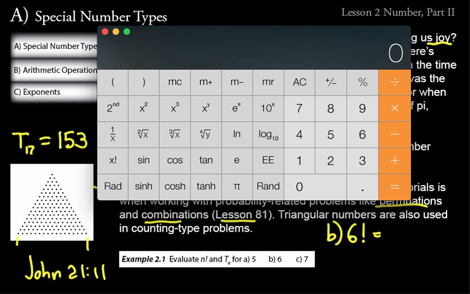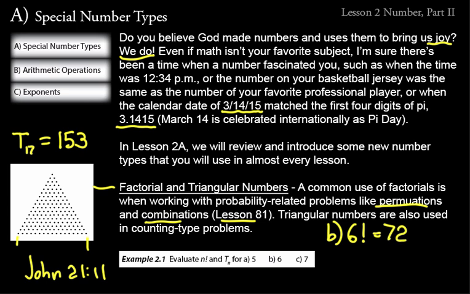It already has a factorial over there on the left. So you just type in 6, hit that factorial button, there's your number, 720. For the triangular T of 6, you'll have to add those together, and that will give you 21.